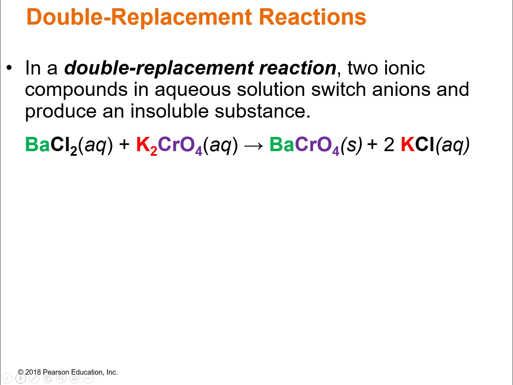Now we'll talk about double replacement. So double replacement, we've got 2 ionic compounds in aqueous solution. You mix them together and the anions switch, and you make some kind of an insoluble substance. Remember that that's called the precipitate.